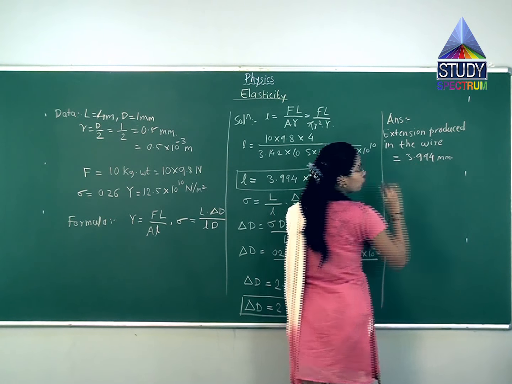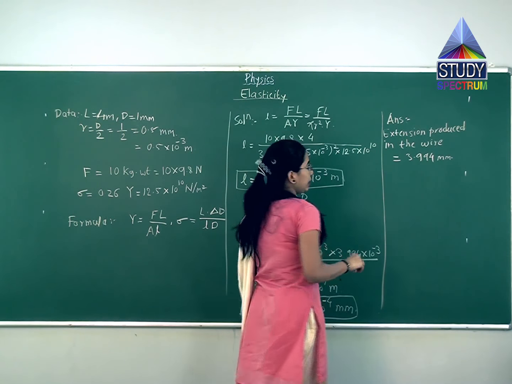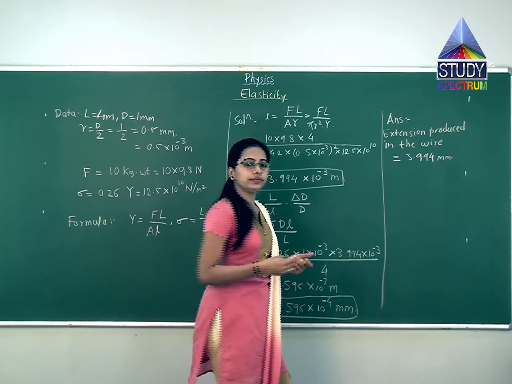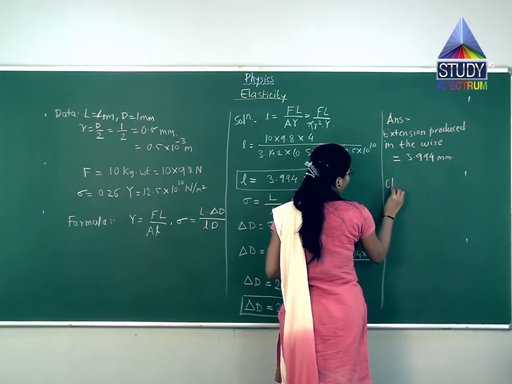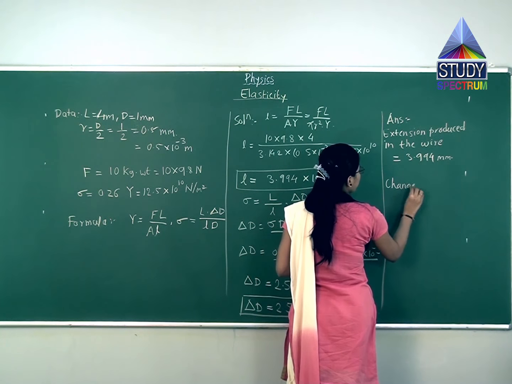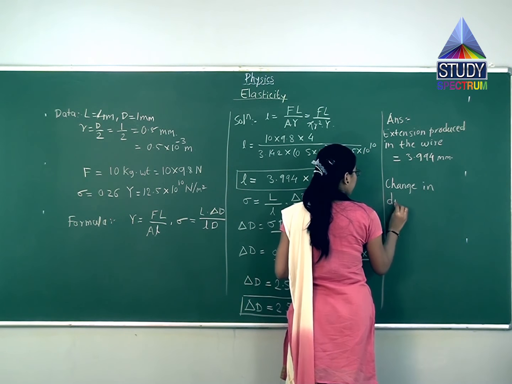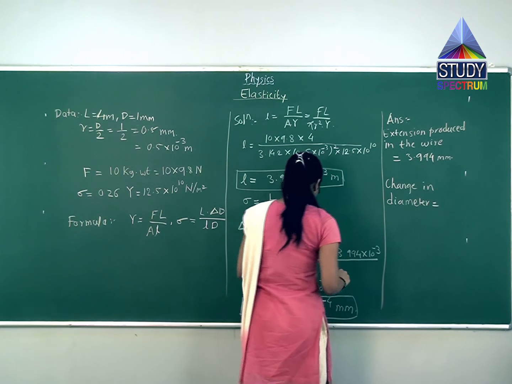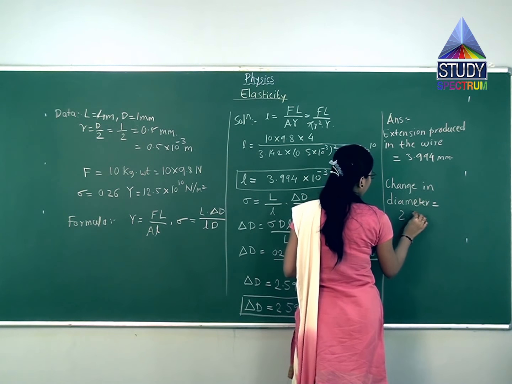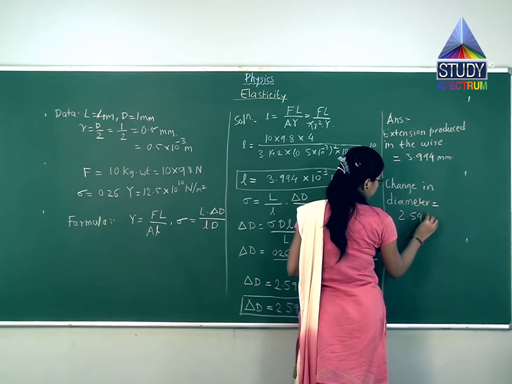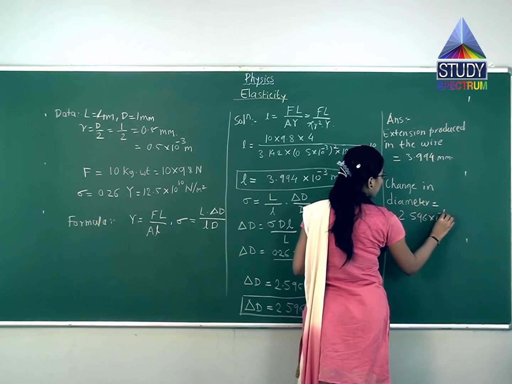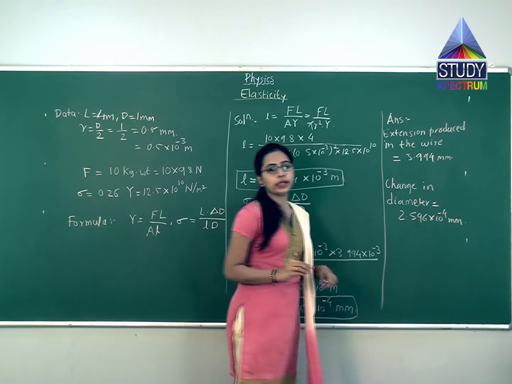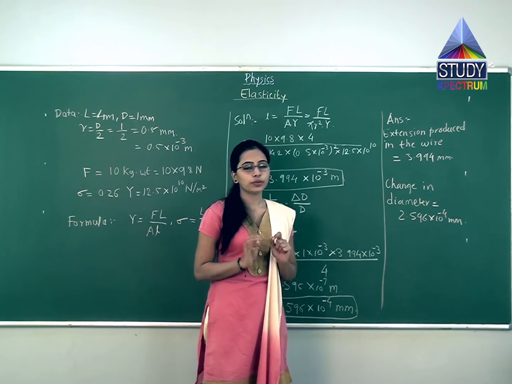Here I am writing it in millimeter. And secondly, the change in diameter is equal to 2.596 into 10 raised to minus 4 millimeter. So in this way you have to mention your answer properly.